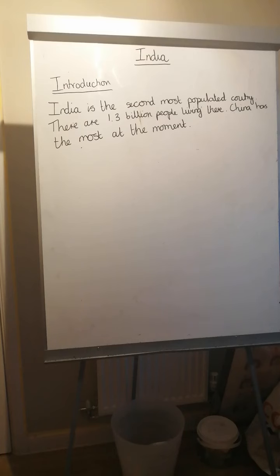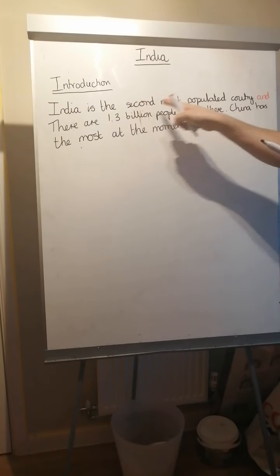I think we could possibly join some of these sentences together. So India is the second most populated country. There are 1.3 billion people living there, but China has the most at the moment. I think we're going to rub out that and put "and" there.